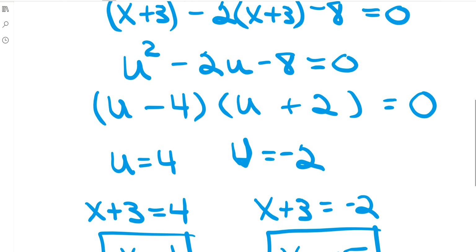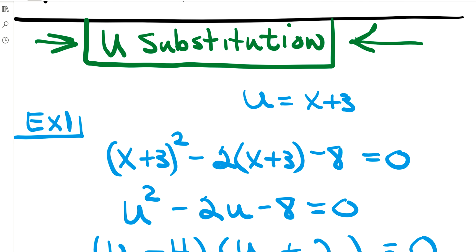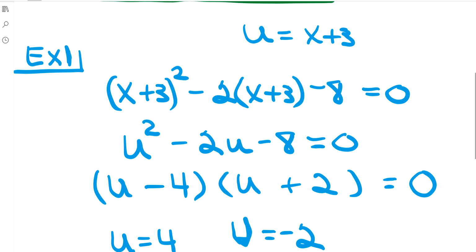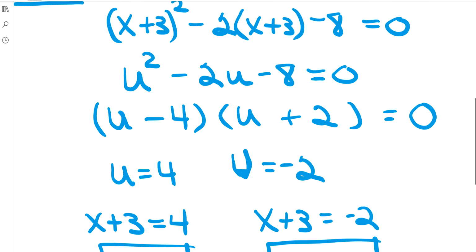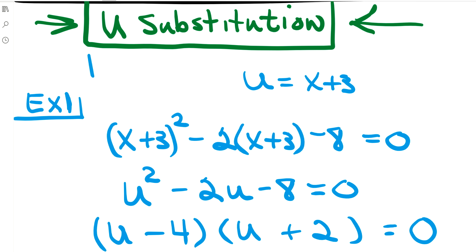Let's go back and check. 1 and negative 5 are my 2 answers. If x is 1, then 1 plus 3 is 4, and 4 squared is 16.